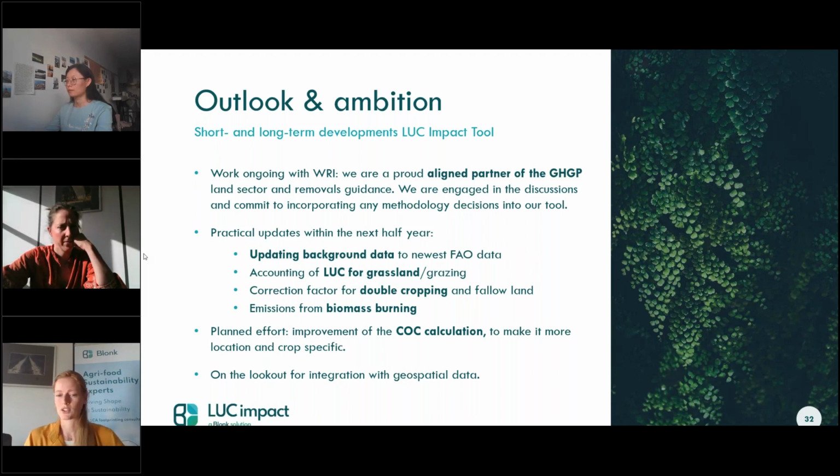As we mentioned a couple of times, there are different data sources that can be used in land use change calculations. Statistics, which we use right now, have benefits but also have drawbacks. And with improving technologies and availability of geospatial data, we plan to integrate that also in our tools and products.